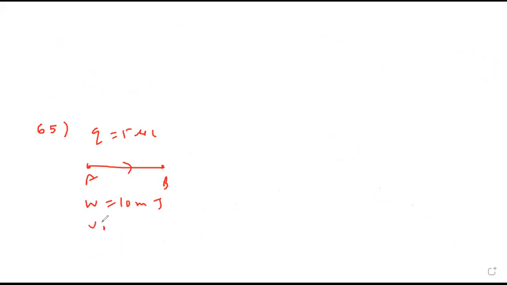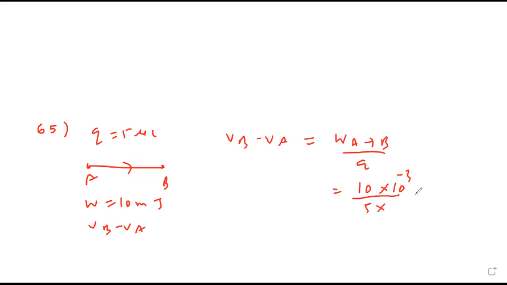What is VB minus VA? So potential difference between B and A is work done to move from A to B upon charge. 10 milli is 10 raised to minus 3, 5 micro is minus 6. So 2 into 10 raised to 3 volt, which is 2 kilovolt, option A.